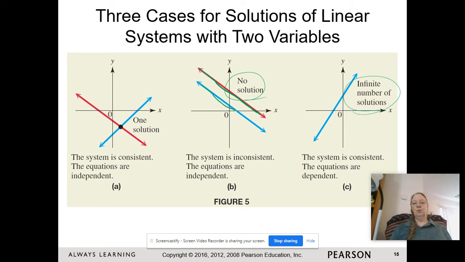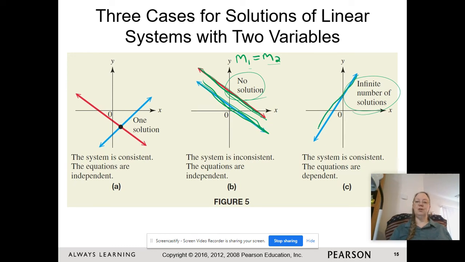So notice my two lines are parallel, but we know something about parallel lines. We know that the slope of the first line has to match the slope of the second line. So if we have the situation where the slopes match, this is actually a possibility. It's not guaranteed, but it's a possibility.